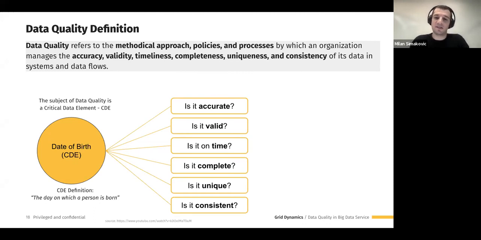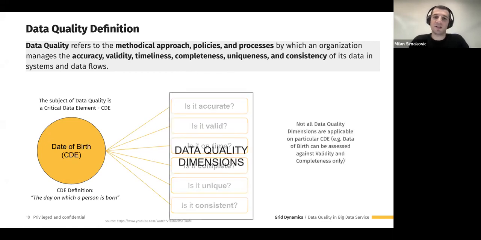And is it consistent? These six questions are actually data quality dimensions, and we use them to check the quality of one particular CDE. Also, we don't need to use all the dimensions. We should only focus on those dimensions that are of interest for a particular CDE and for a particular data set.